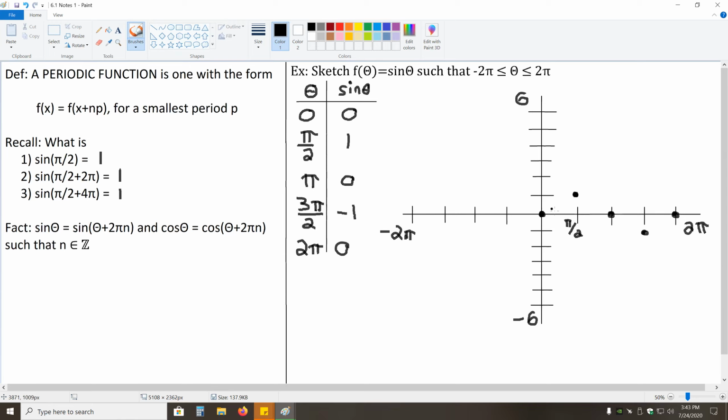Now, if we were to connect these points, it would seem that it's going to look like a V, like a very straight edge, and then another very straight edge.